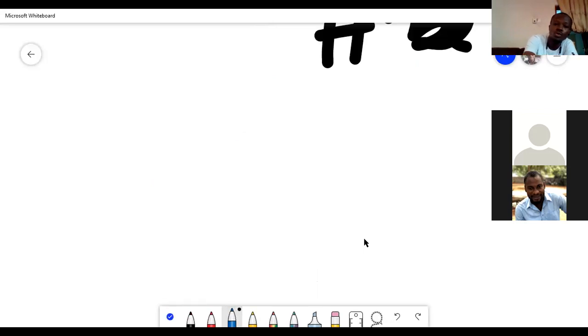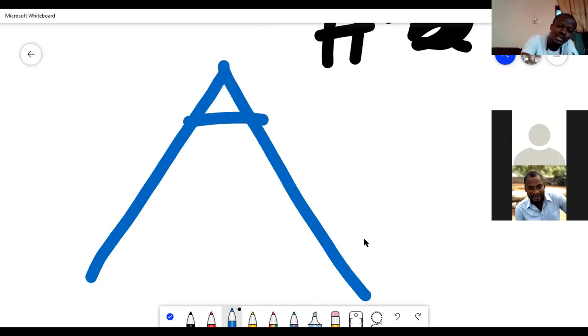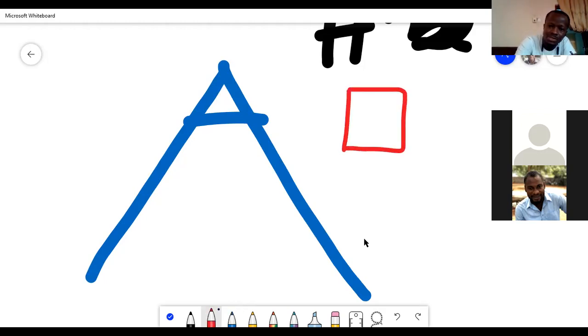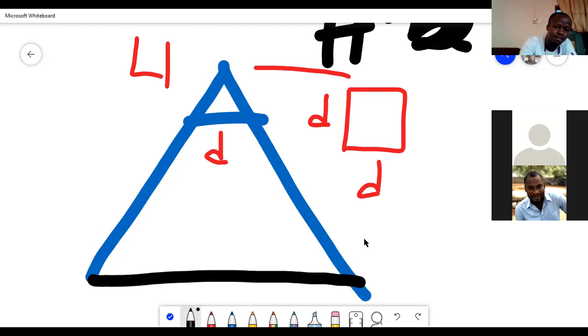D is like the size of the photo. So if I were to print out the photo taken from L1, I will get this. The dimension will be D by D. But on the ground, I will have capital D.